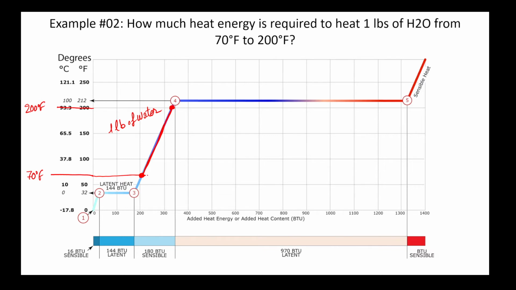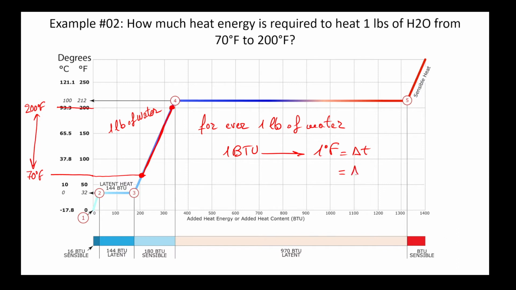And we know for a fact from the definition of a BTU that for every 1 pound of water, you need 1 BTU to increase 1 degree Fahrenheit. Okay, so that's your delta T of 1 degree Fahrenheit. But our delta T is 200 minus 70, which is 130 degrees Fahrenheit.